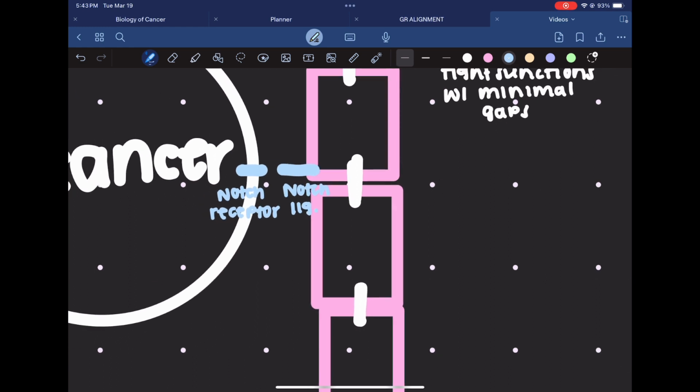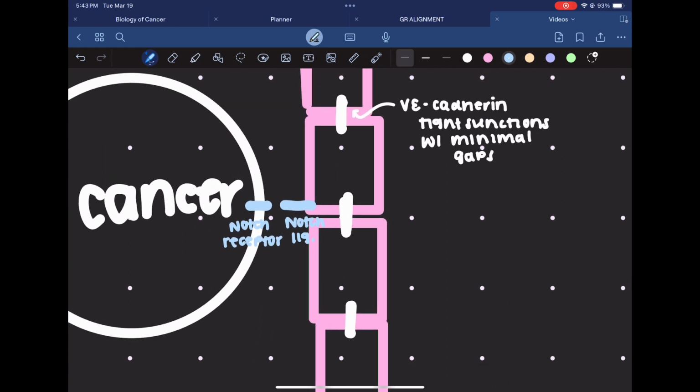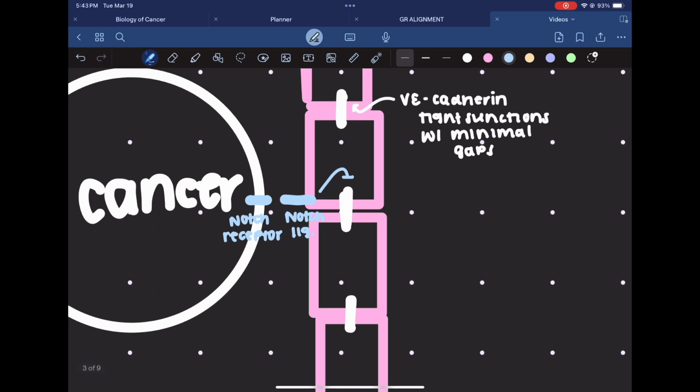This is our ligand on the endothelial cell. This interaction is going to inhibit VE cadherin.